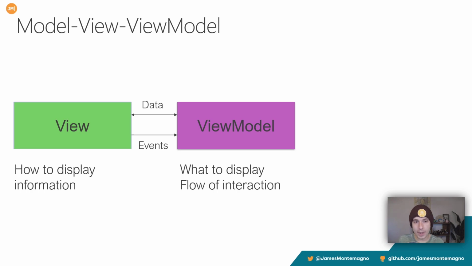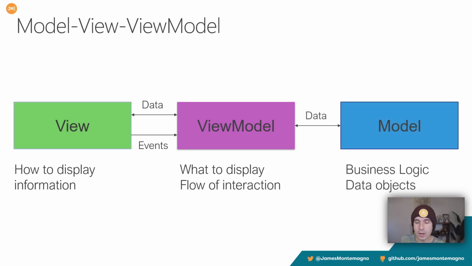So with data, let's say you enter something into a text box, it will then update the view model property, or if you update the view model property, it will update the UI. Events are like if the user interacts with the UI, it can then notify the view model that something is happening. And then you have this model over here, and that's just our business logic, our data objects.